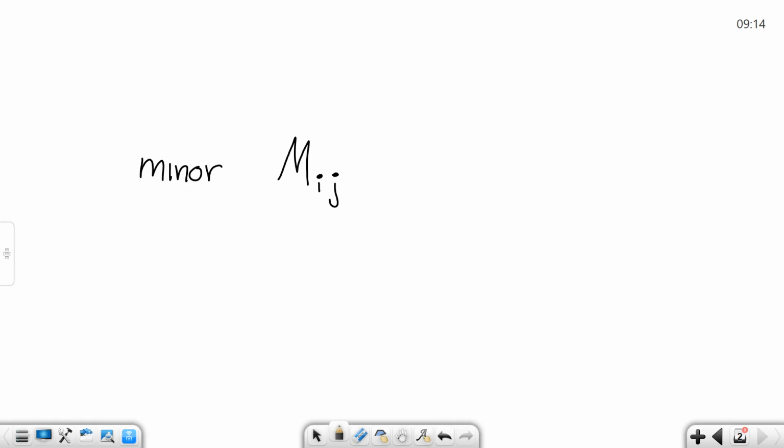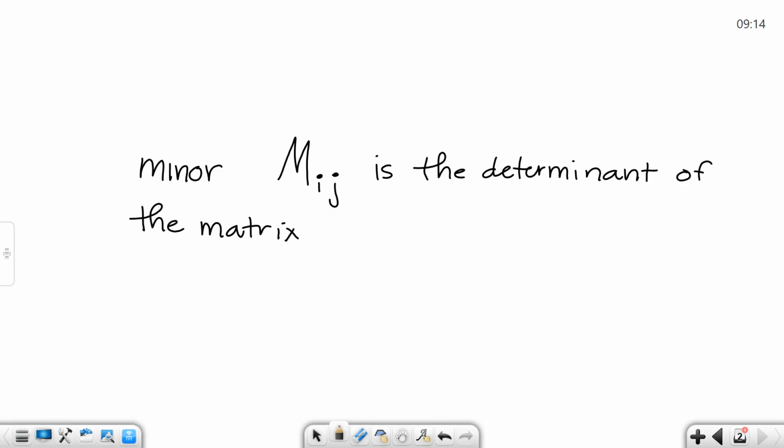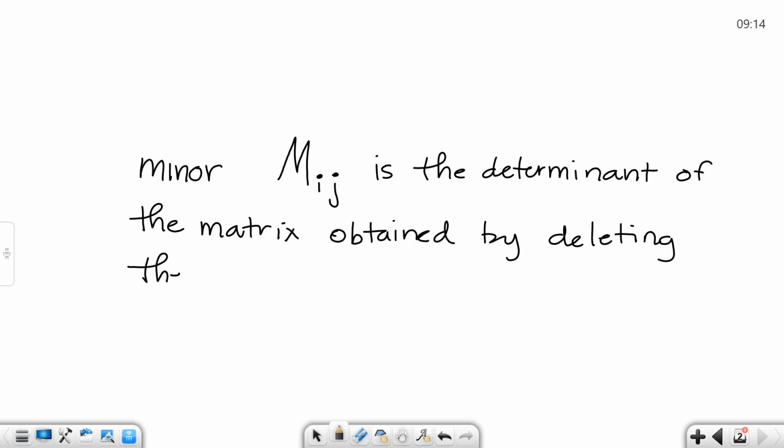The minor, MIJ, is the determinant of the matrix obtained by deleting the ith row and jth column of the matrix.